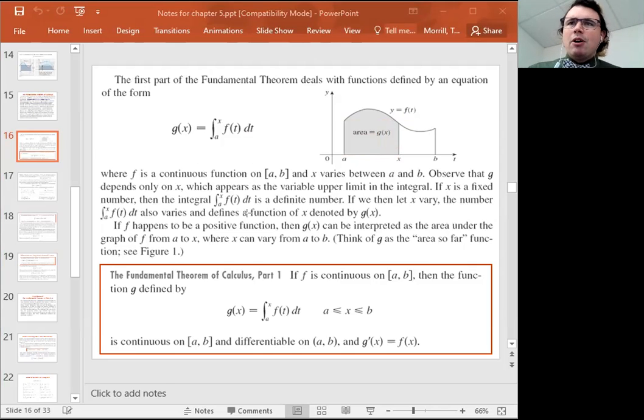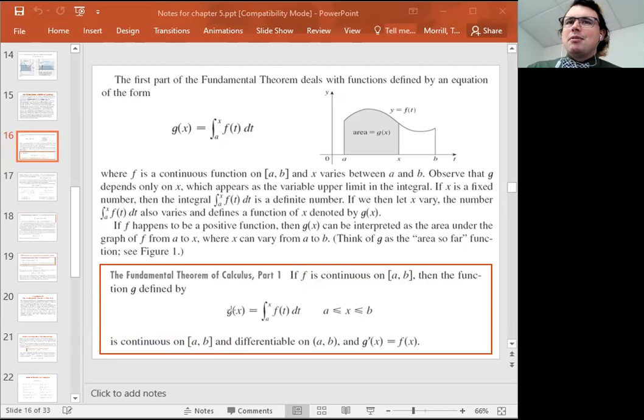And so long as the function f that we started with is continuous on the interval, say from a up to b, then the area function is, well, first of all, it's going to exist. We are able to define this thing. It's continuous, that's nice.